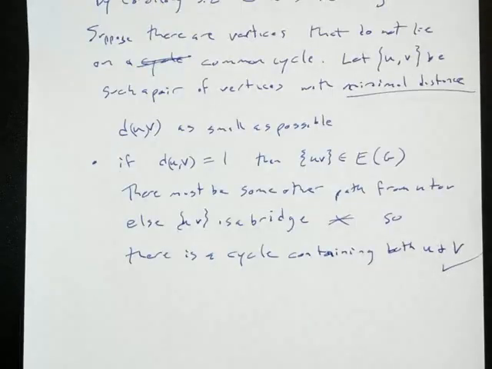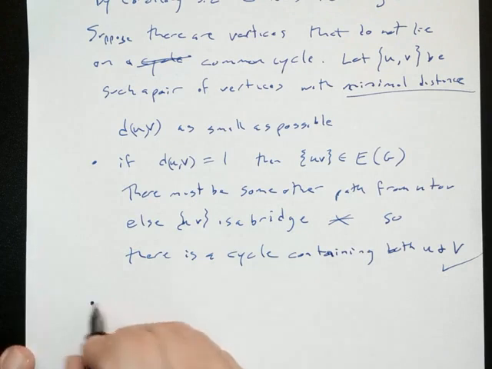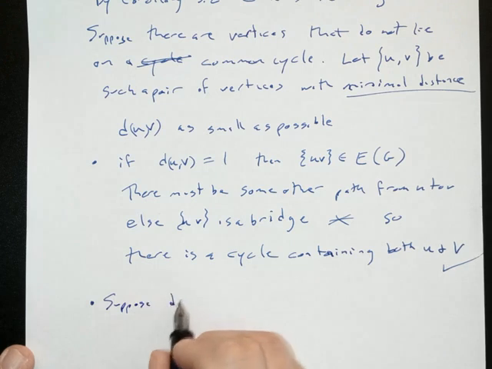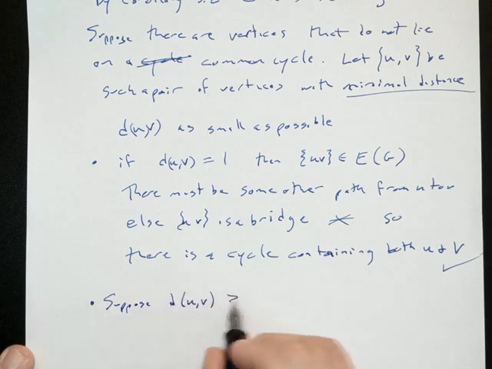Now that's only in the case if the distance is 1. So if I'm doing it by cases, my next case is that the distance from U to V is bigger than 1.